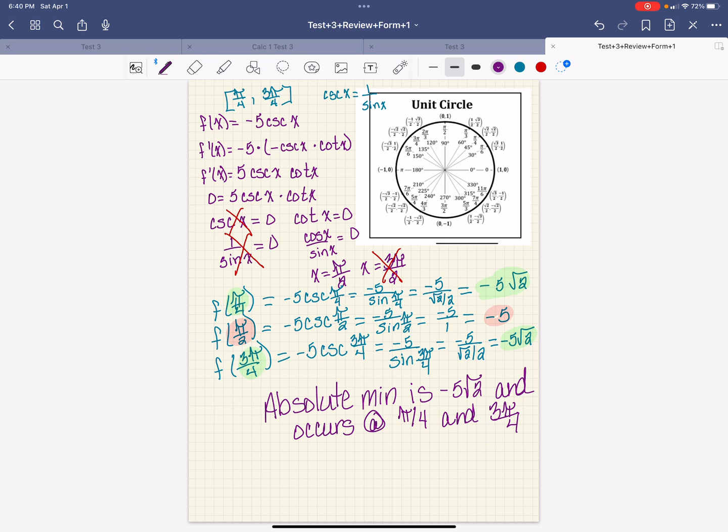Okay, and then our absolute maximum is negative 5 and occurs at pi over 2.